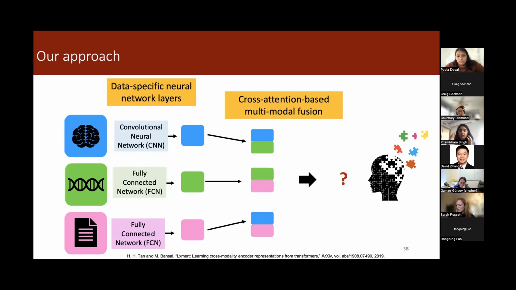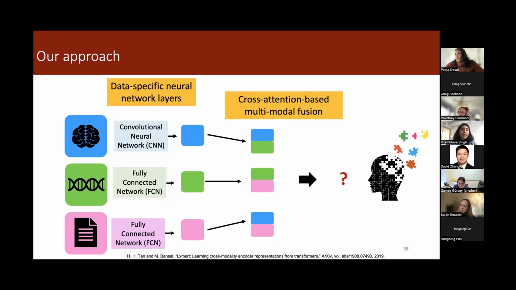Instead of just concatenating them, we are actually looking at pairwise interactions of all of these modalities. Now, when we explicitly model these pairwise interactions, you can imagine the model has to look at a lot of information at the same time. So we incorporate an attention mechanism to try and reduce the cognitive burden on the model when it's looking at all of these different interactions and trying to make accurate predictions.